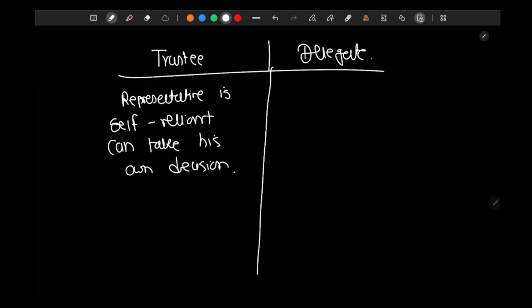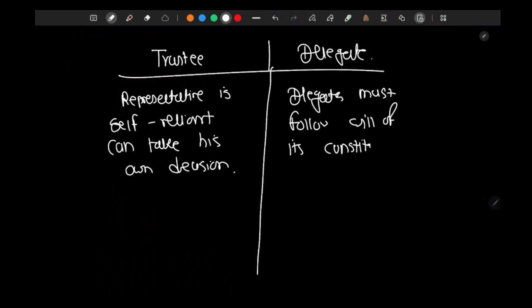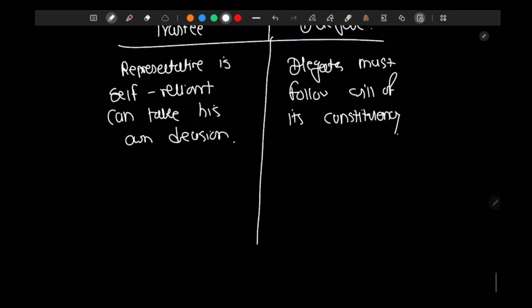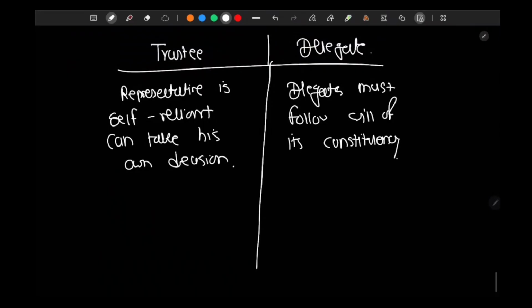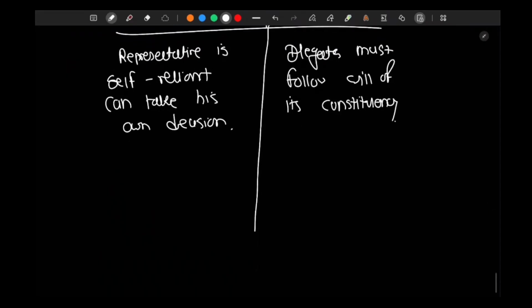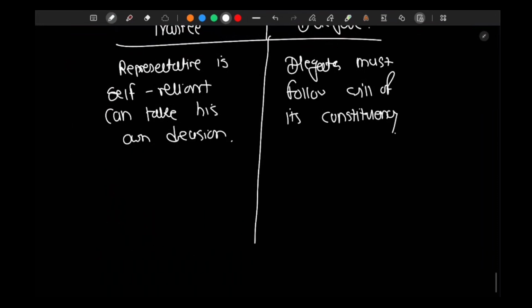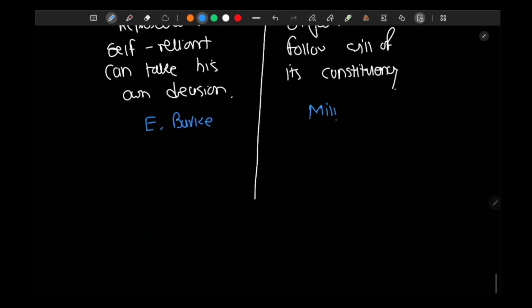Delegate model of Locke and Mill talks about that delegates, or MPs, must follow the will of their constituencies, right? The trustee model was given by Edmund Burke and the delegate model is given by Mill. What is the difference, right? I will make you understand with an example.